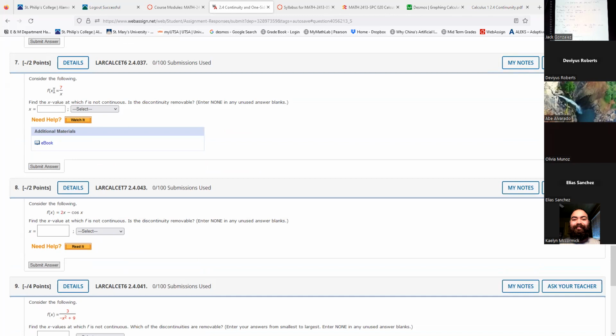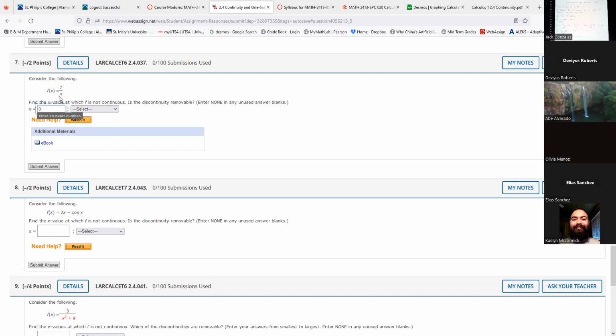All right, where are we not continuous here? What x value? You see, there is no graph, so I can't guess it. Let's think about it. Is there a value you can't plug in? Yeah, it's going to be 0.